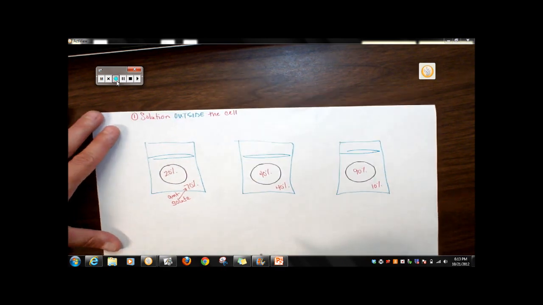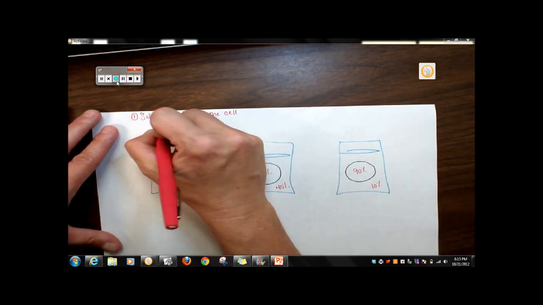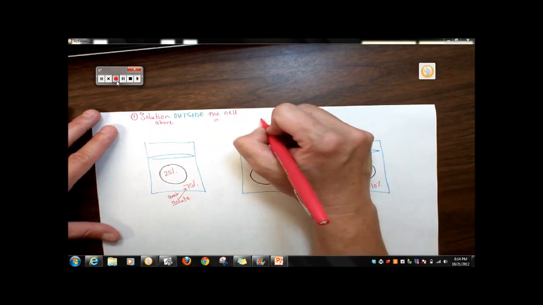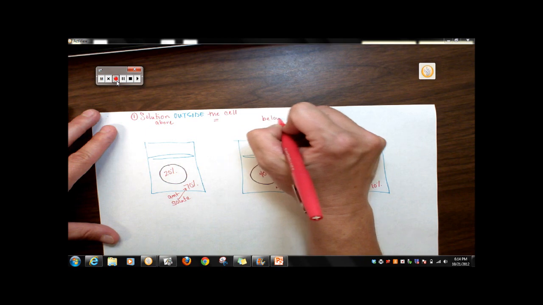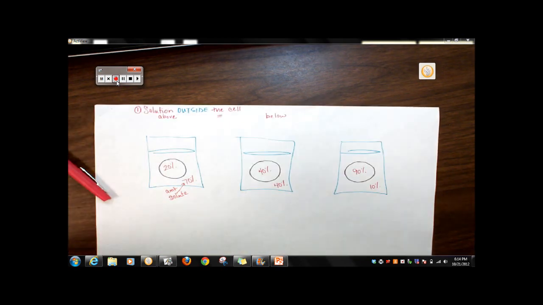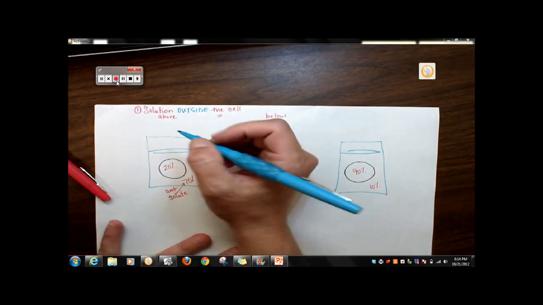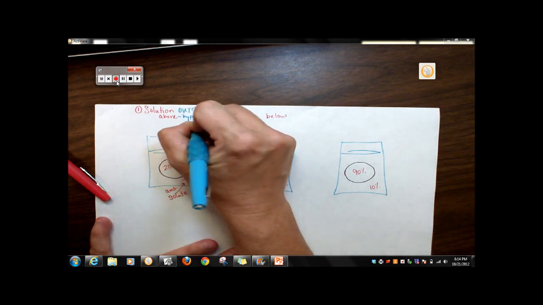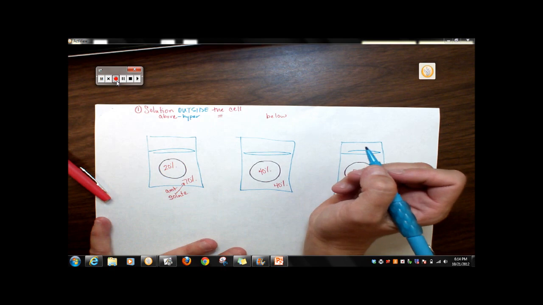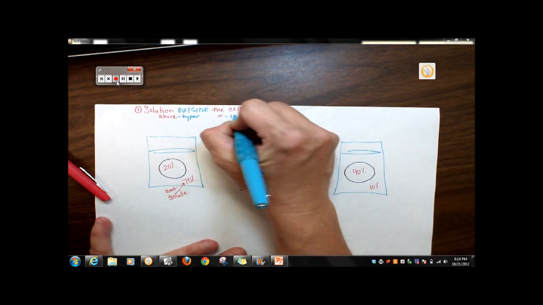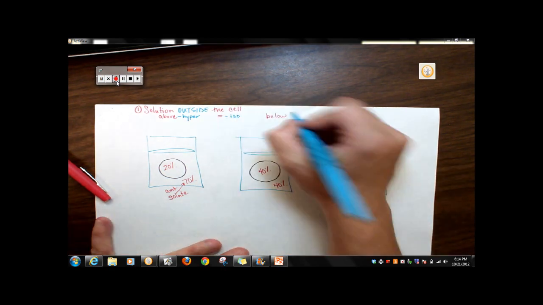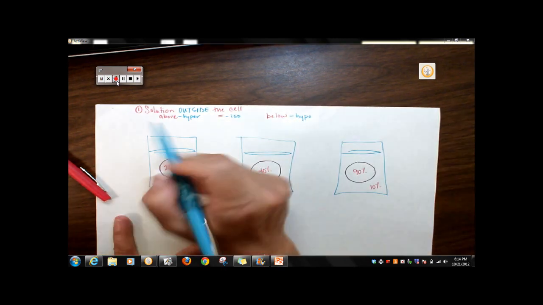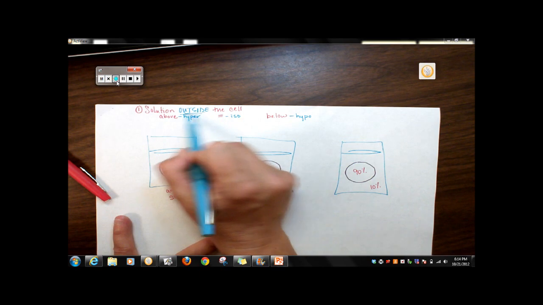Is the solution outside the cell above concentration, equal concentration, or below concentration? If its concentration outside is above, what is our prefix for above? Hyper. And if it's equal, what is our prefix for equal? Iso. And what's it for below? Hypo. Okay? So the first thing you got to establish is, what is the solution outside?